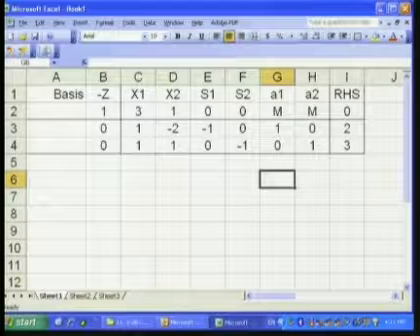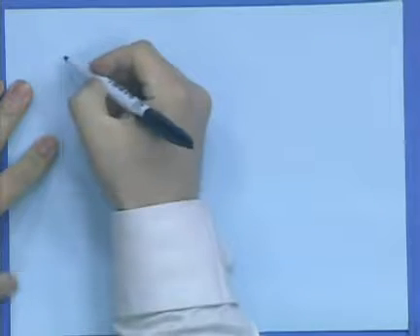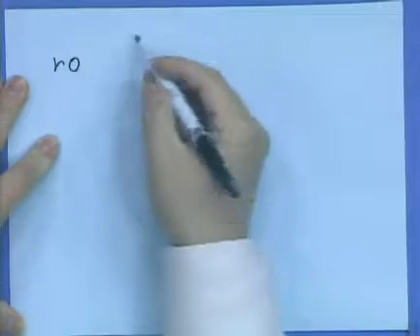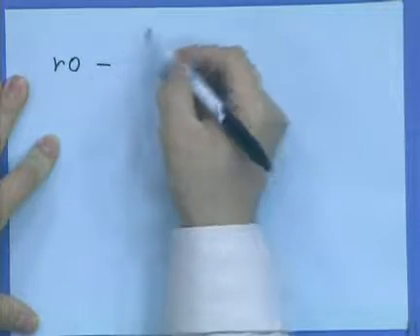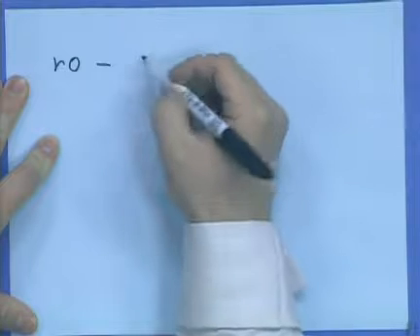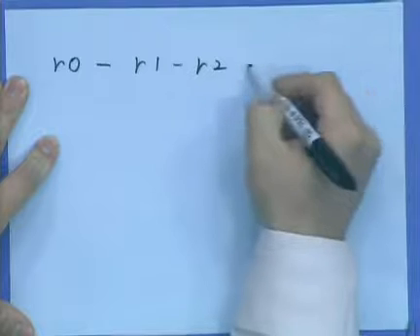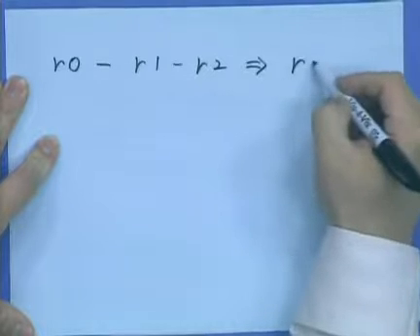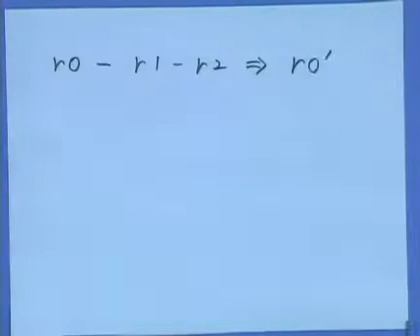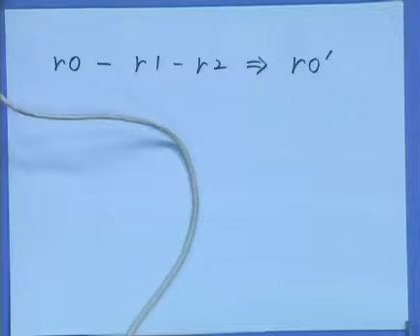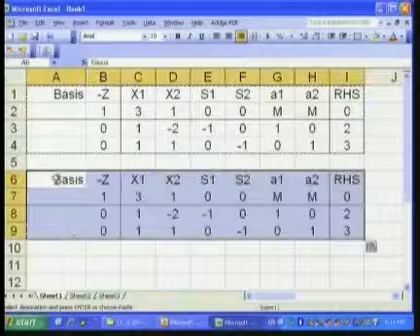So simply, we could do it like this. The first row, let's say R0, minus the second row and the third row becomes the new first row, okay, the updated first row. So let me just copy this and paste it.